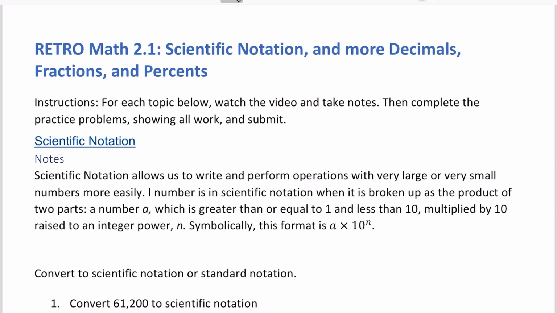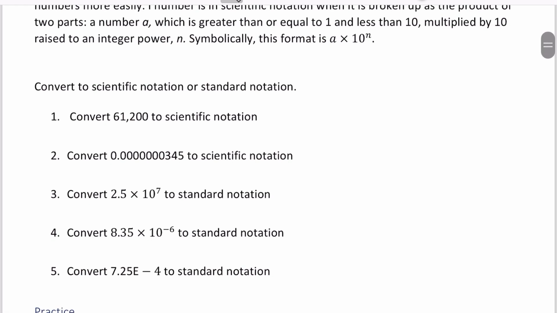I know you've done this before, so I just want to do one and put it in words. When I see 61,200, I know the first part is going to be 6.12, because that's a number between 1 and 10. So my decimal needs to be between the 6 and the 1.